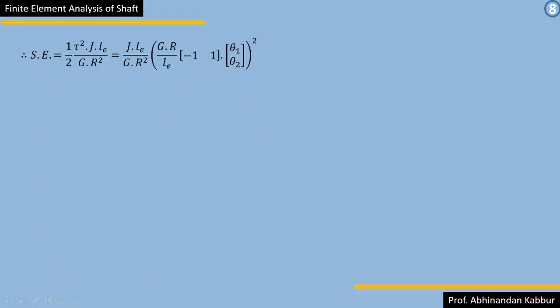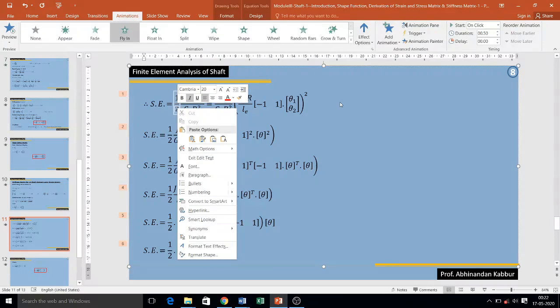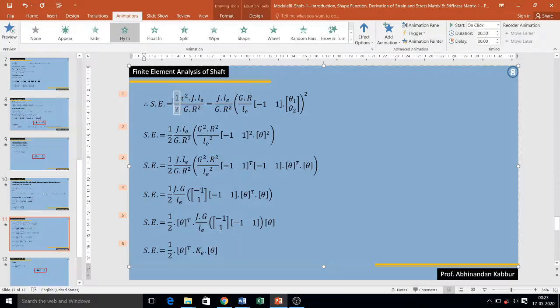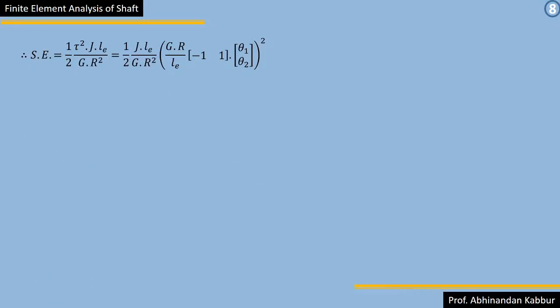Let us substitute that value of tau in the form of matrix, where J divided by J into Le divided by G into R square as it is. Of course I have 1 by 2 outside once again, so I will keep that 1 by 2 as it is.